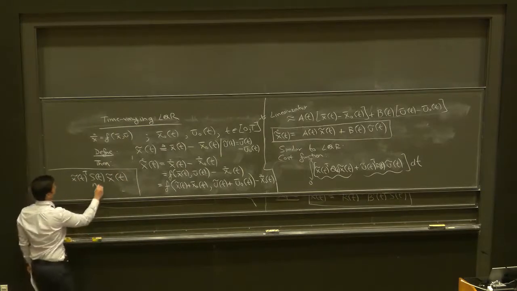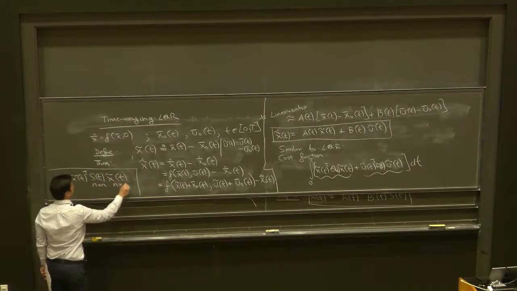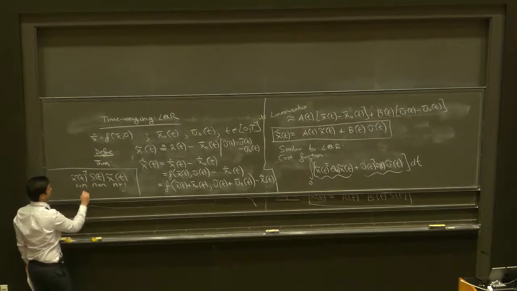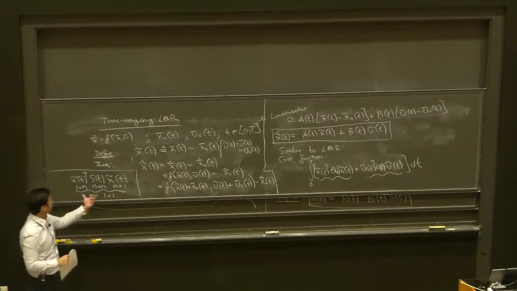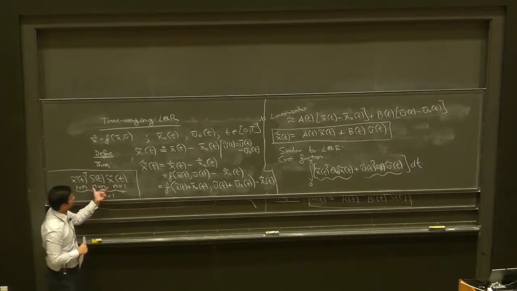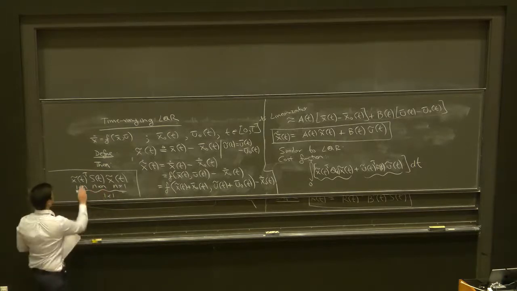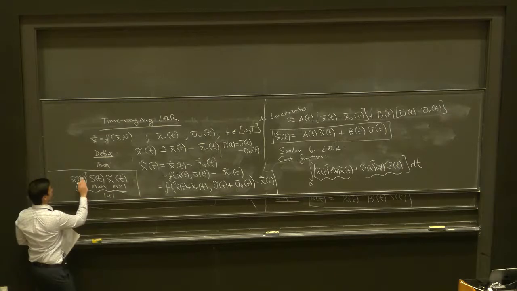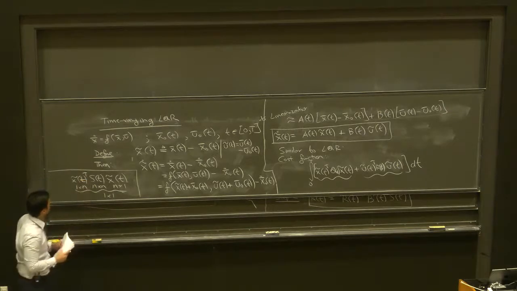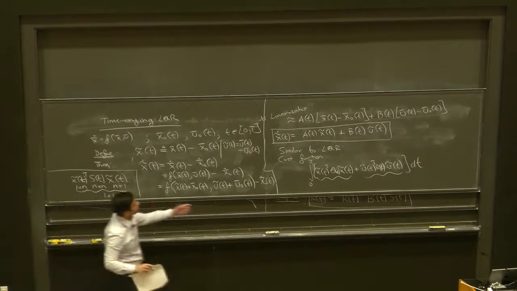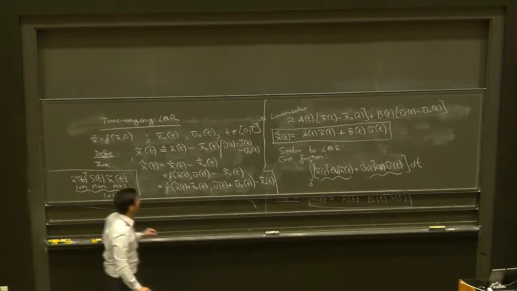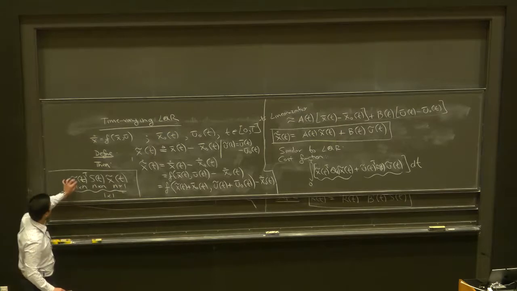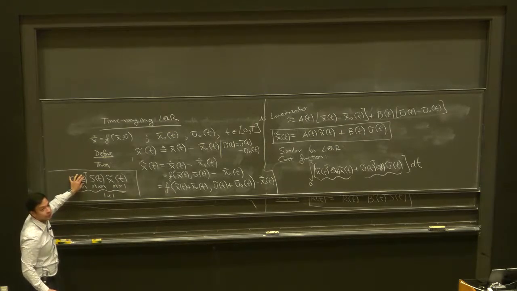So this is an n by n matrix, this is n by 1. If you take the transpose, it's 1 by n, so you get just a scalar. So it turns out that this scalar corresponds to the cost that you would incur if you applied the feedback controller from this state.